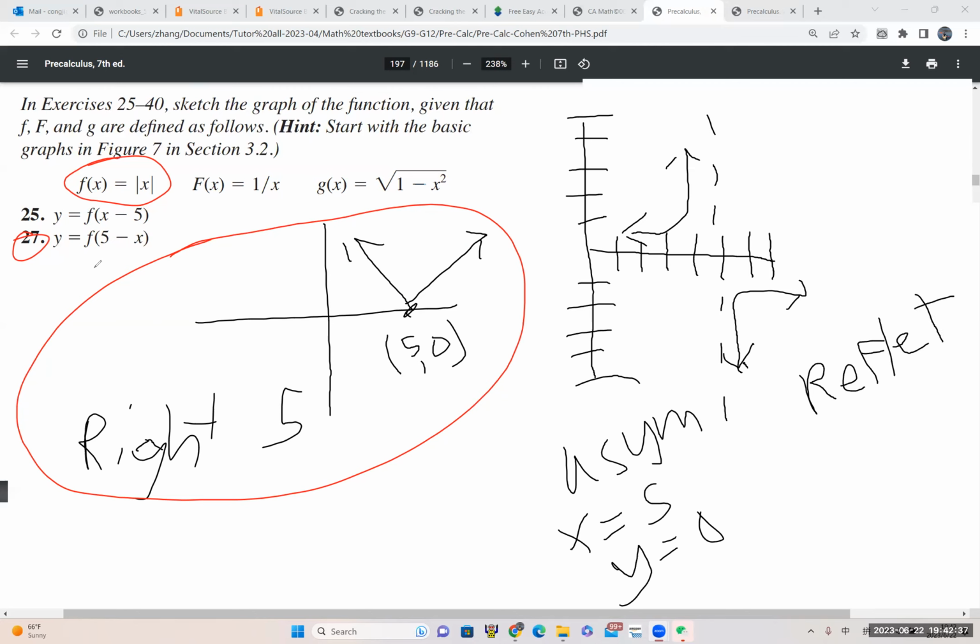Now you mention the transformation steps, right? Yeah. Reflect about the x-axis first. Then move right 5 units. Yeah, I think. I'm not too sure. Let me think. Okay, this you mean just 5 units.